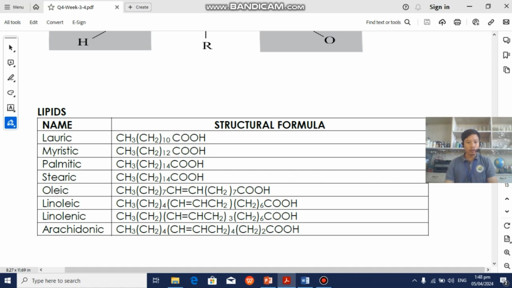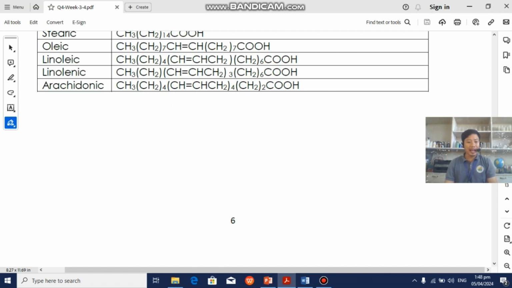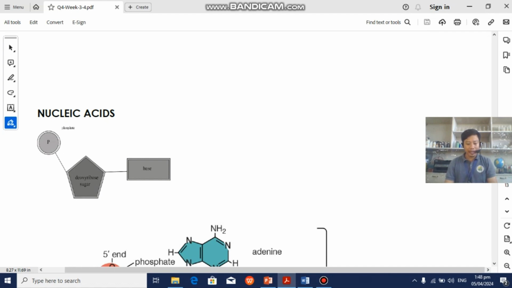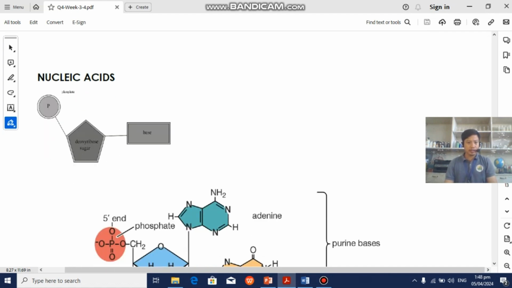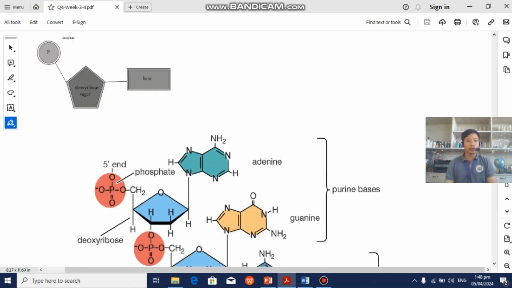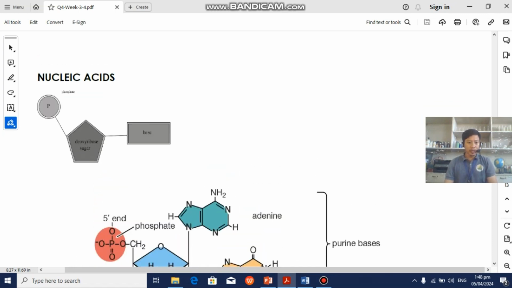How about the nucleic acid? This is the structural formula of a nucleic acid. We know already that nucleic acid is a building block of our DNA. Do you remember the components of DNA?